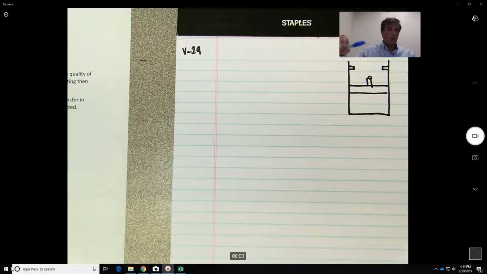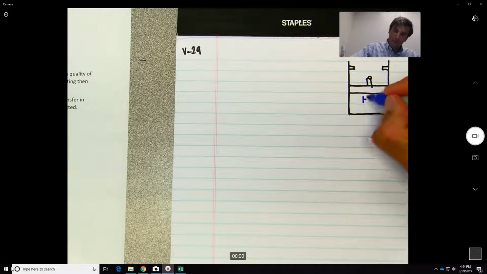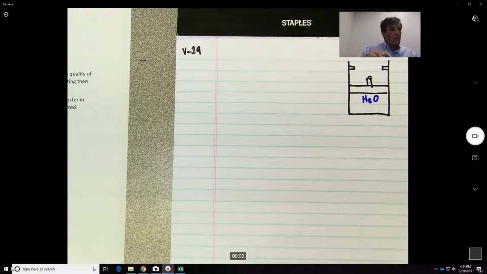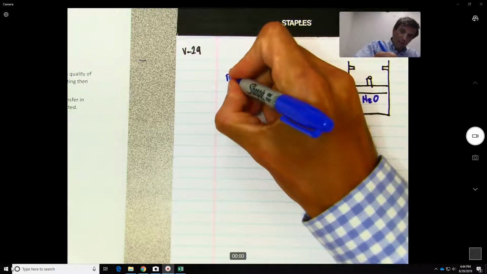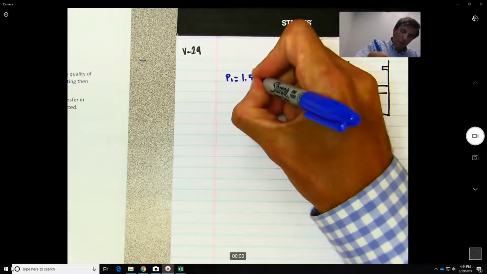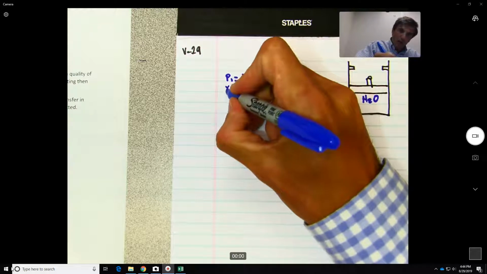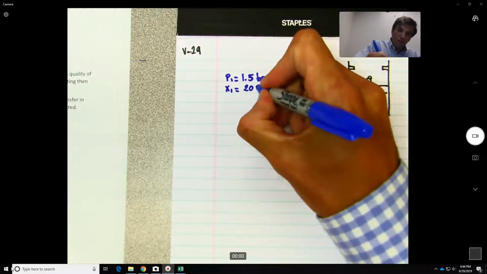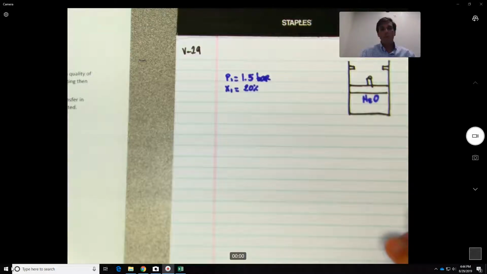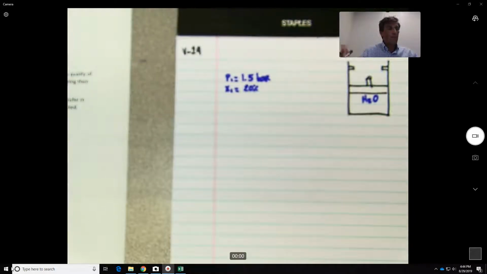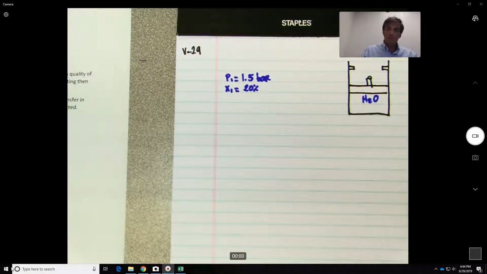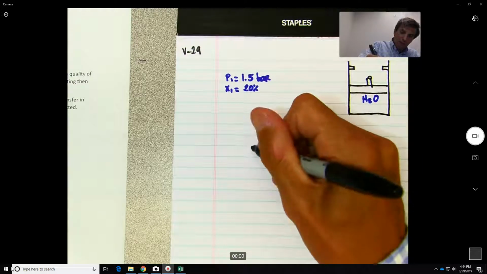Alright, so this is water, initially at 1.5 bar and a quality of 20%. Okay. In the problem, they ask us to do the T-V diagram, so let's try to do everything at the same time.